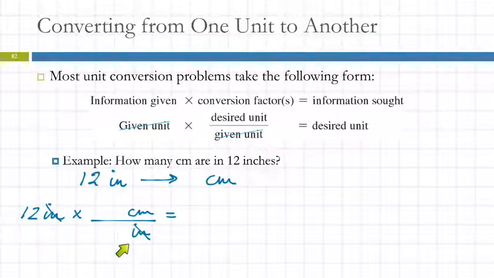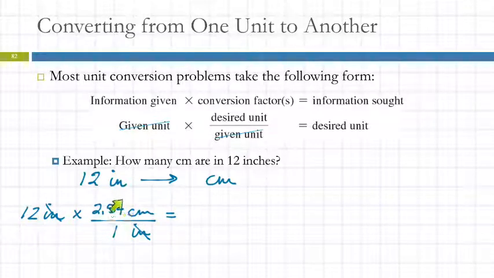But a centimeter is not equal to 1 inch. 1 inch equals how many centimeters? 2.54. Does 1 centimeter equal 2.54 inches? No. We have to get the number with its unit.